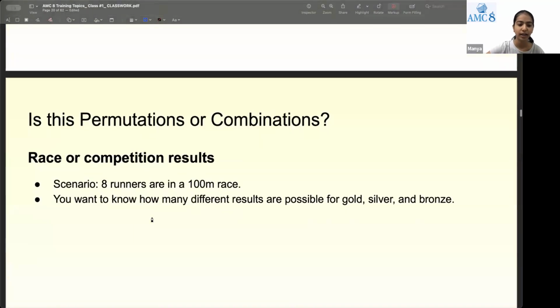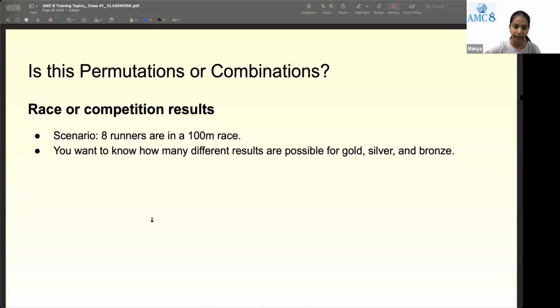So another scenario is that suppose there are 8 runners in a 100-meter race, but you want to know how many different results are possible for gold, silver, and bronze. Does anyone know the answer to this? This would be permutations, not combinations.